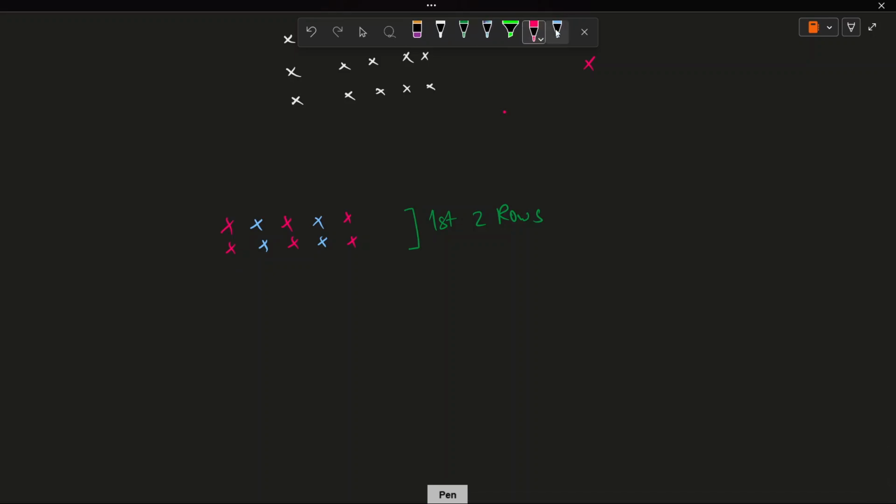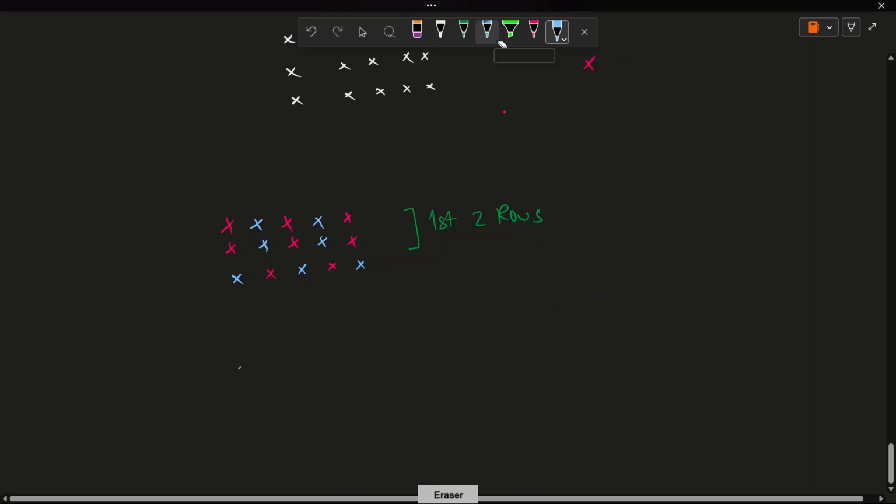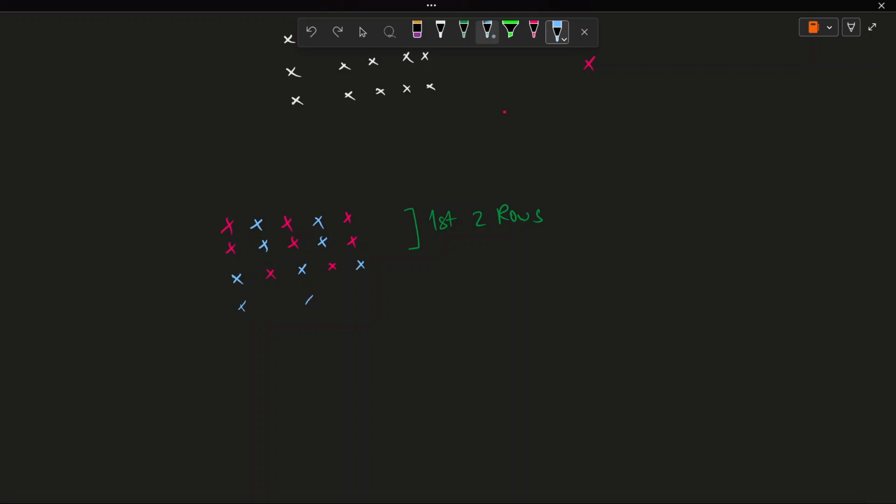So these two have to be blue, and similarly this also has to be blue. These two have to be red for the same reason. Going one step further, this has to be blue, because if this is red, then this square will form. So this has to be blue, this blue, and this has to be red, this red.